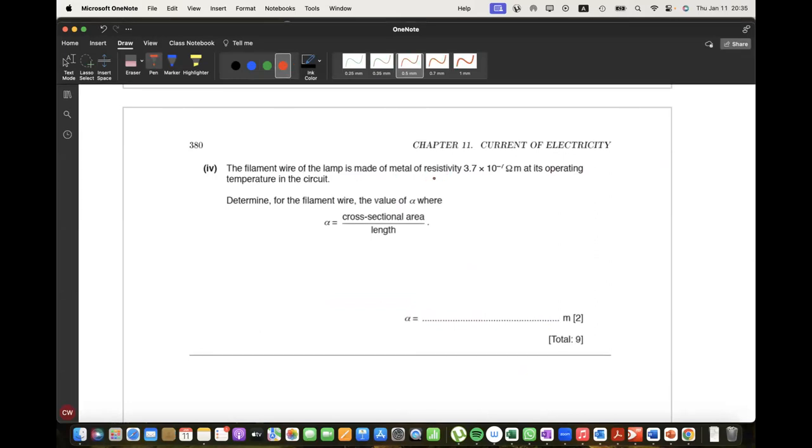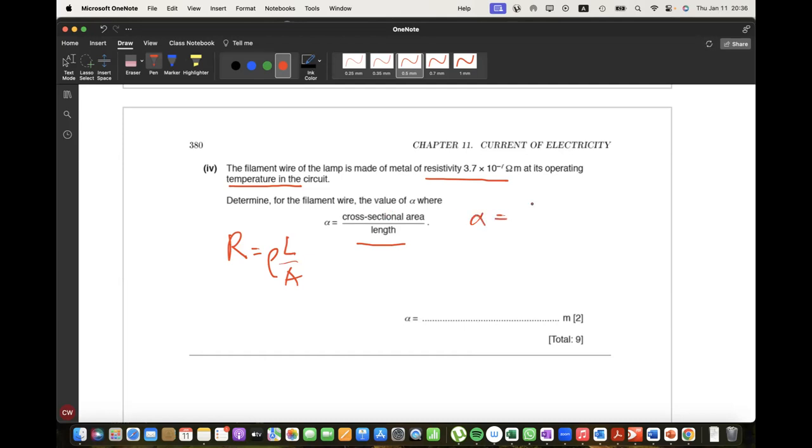Filament wire made from a resistivity at operating temperature, with this area and length is alpha. What is the formula for resistivity? R equals to what? Rho L over A. Can see what is this?